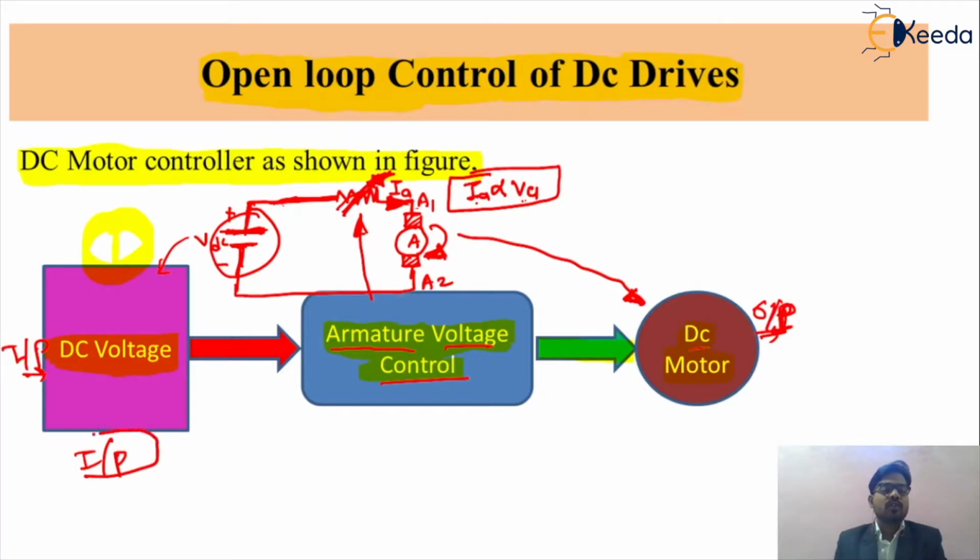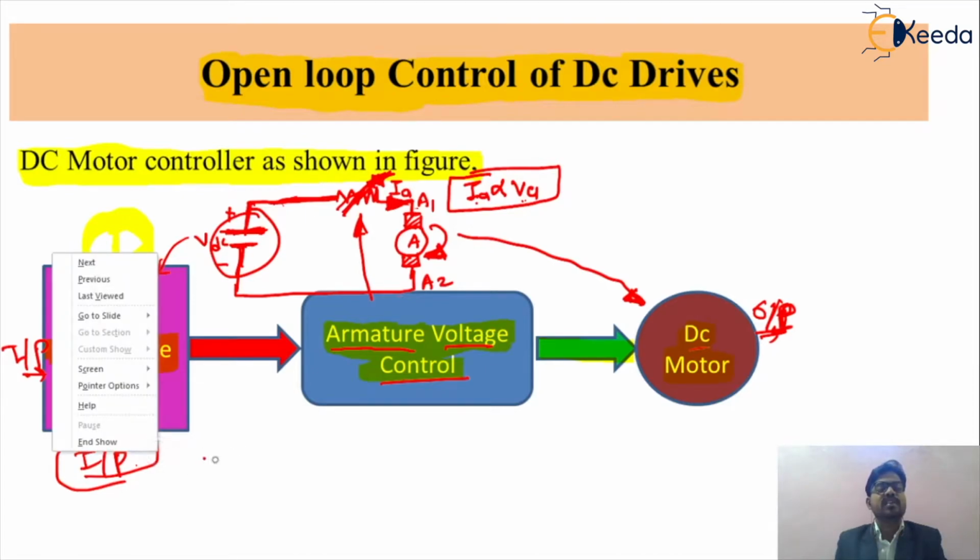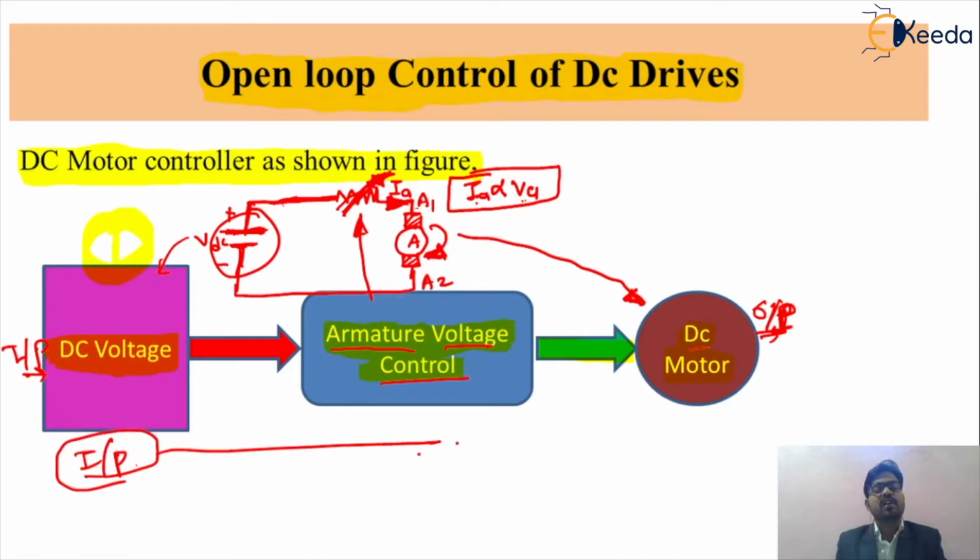So in the transfer function we get the mathematical relationship between that input and output. Such a mathematical relationship is called the transfer function of your system.